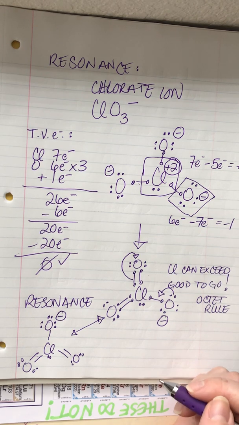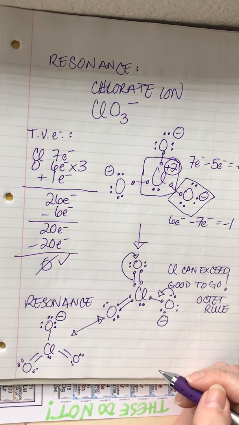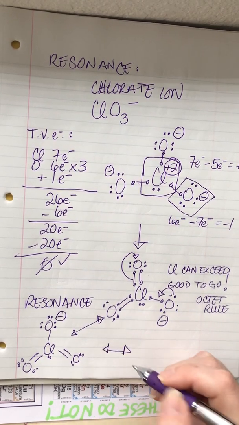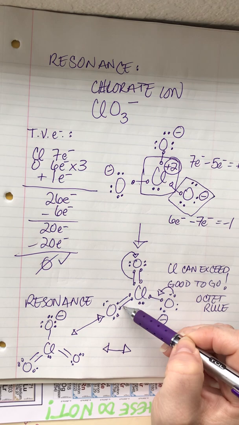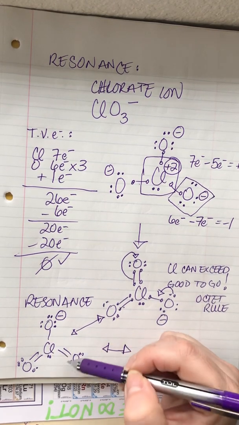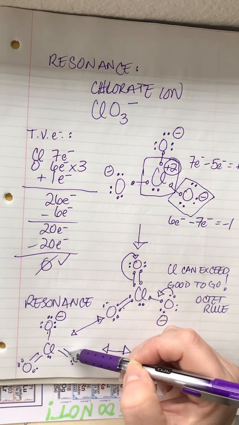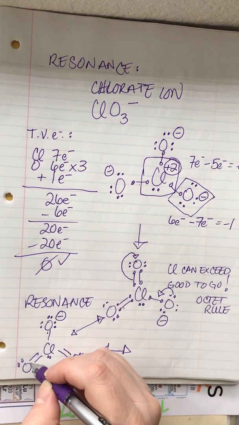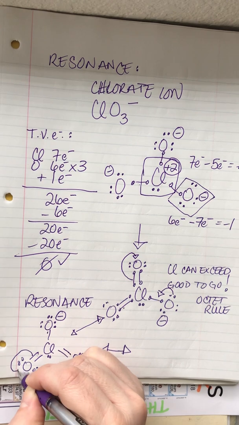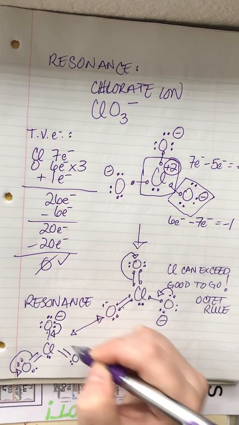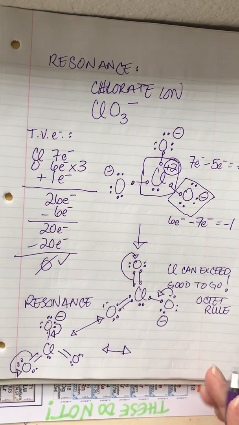Is there another structure that I could draw? Yeah. So I had double bonds here and here, right? Now I want to have double bonds here and here, right? So I'm going to take this pair, put it back on that oxygen, and move the double bond over here.